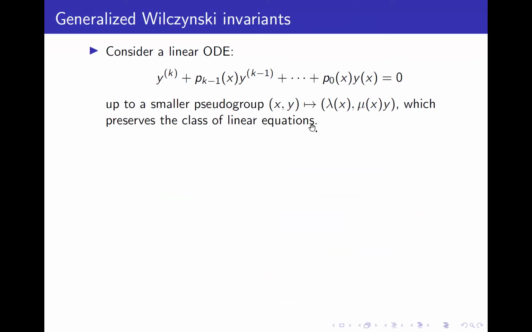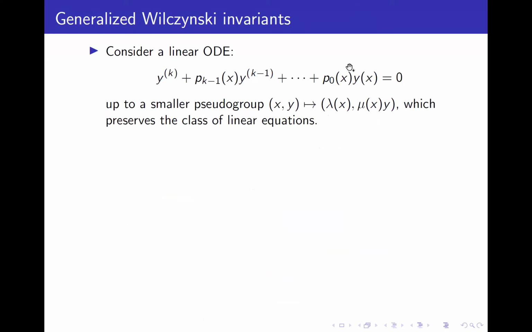One particular class of fundamental invariants is known as generalized Wilczynski invariants. They come from the idea that if you linearize ODEs, then the linearizations naturally behave under contact transformations.